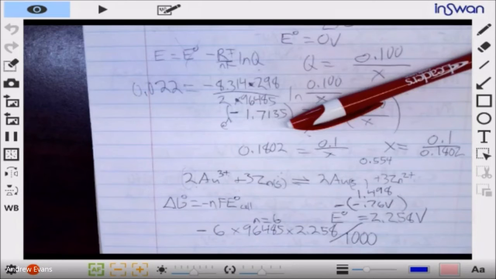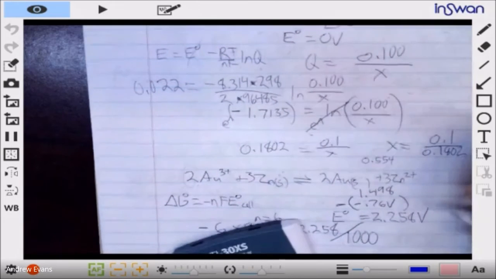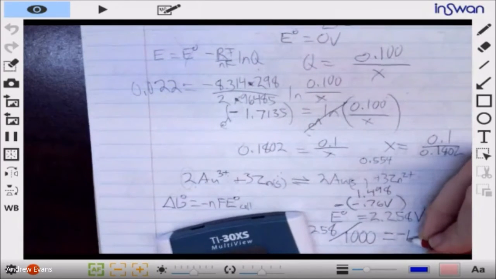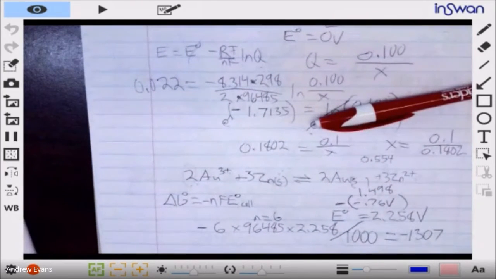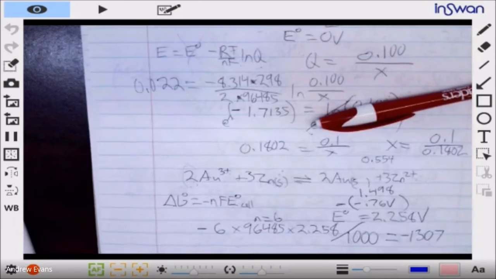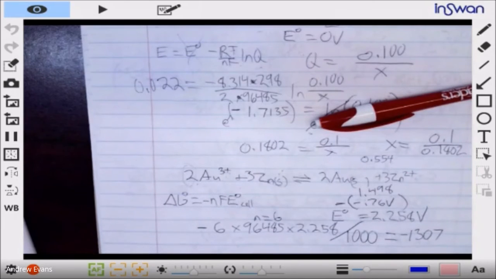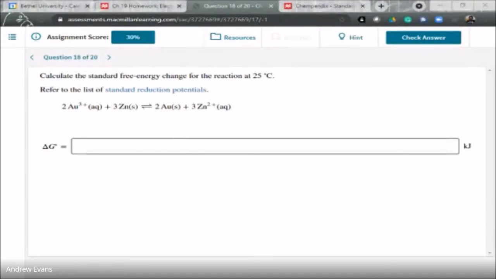It probably is still going to be an incredibly large number, even having divided by 1,000. It's still negative 1,307. So if I put zinc solid next to a gold solution, wham, like a ton of bricks, it's very, very spontaneous. It's going to happen.